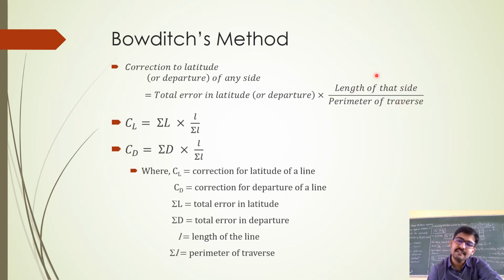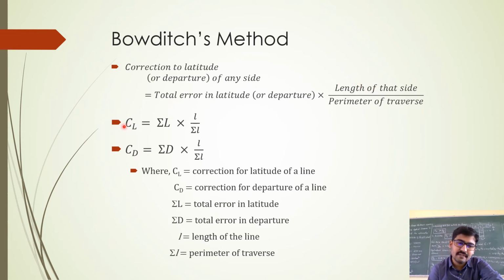So it is the length of each line divided by the length of all the lines, right? If you multiply this by the error, you will get the correction to be applied to the latitude of that particular line, because whatever the length of the line you put here, you will get the correction for that line. So whose correction you need, that length you put here.